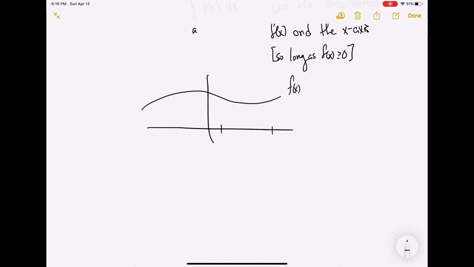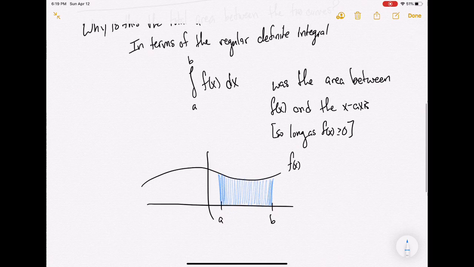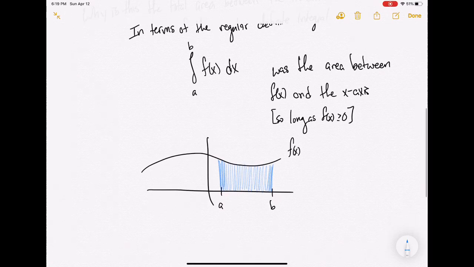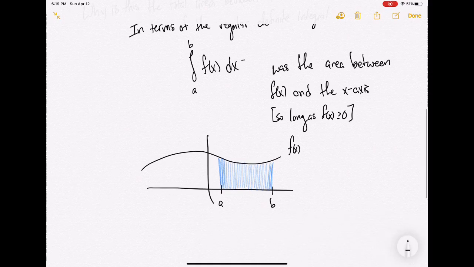There's a, there's b. That was this area, right? I think you guys can all agree with me that that's what was going on there. In terms of regular definite integral, this thing gave the area. So this is the area here, A.